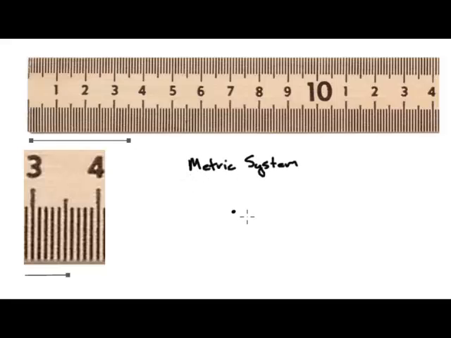The space before the decimal is the ones place, and it asks how many whole meters. I hope that you recognize that this line is not even 1 whole meter.